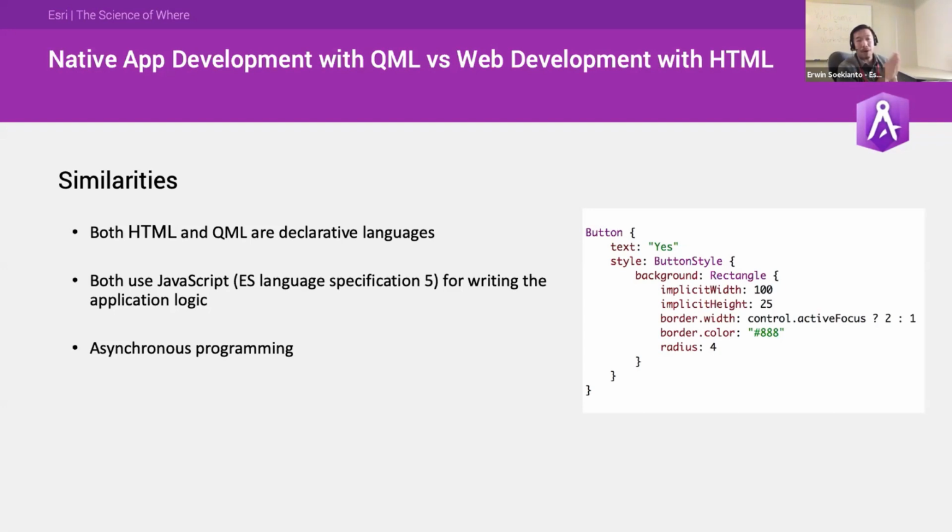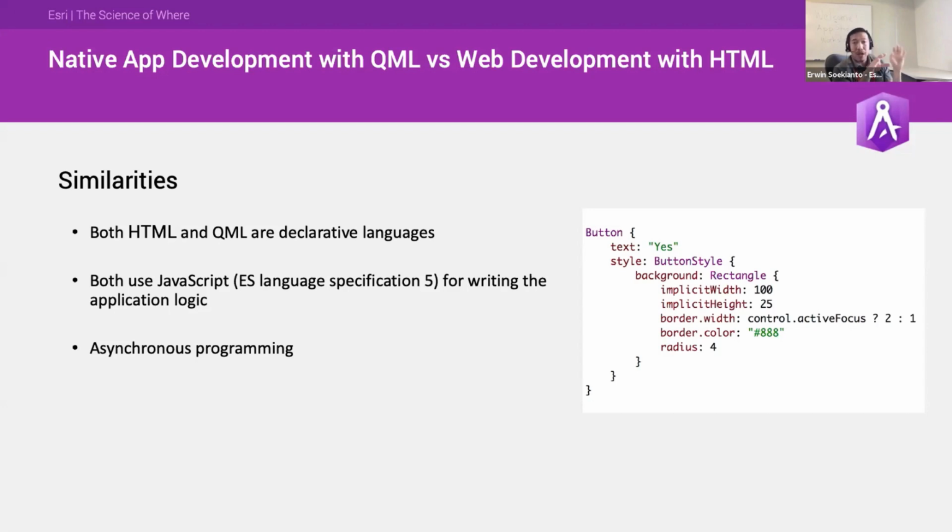Now, if you think about creating a native app with AppStudio, you use QML. With QML, you create the rectangle. As a sample on this slide, I showed how to create a button. You create a button, you give the text on the button and the styling of the button. So both HTML and QML play a similar role here, creating the UI. In AppStudio, we are currently using JavaScript ECMAScript 5 to do the logic, which I'm going to show later.